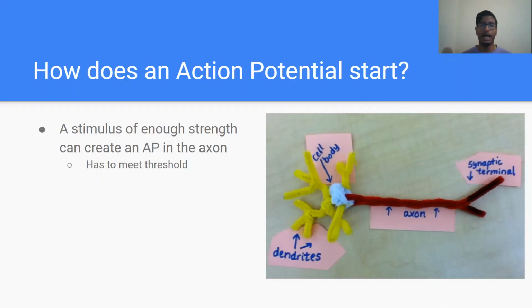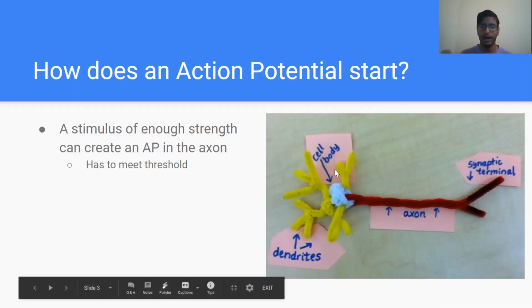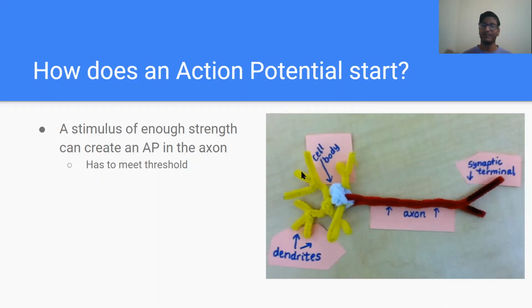Before I talk about how an action potential travels, I want to go over the parts of a neuron real quick. This yellow stuff that you see is kind of like fingers. Those are known as dendrites, and that's the part of a neuron that receives the stimulus and these electrical impulses.